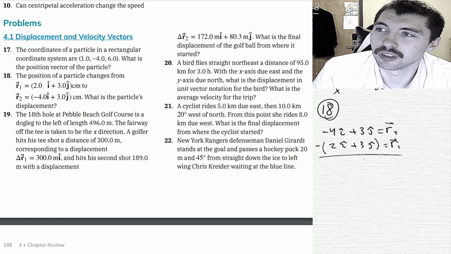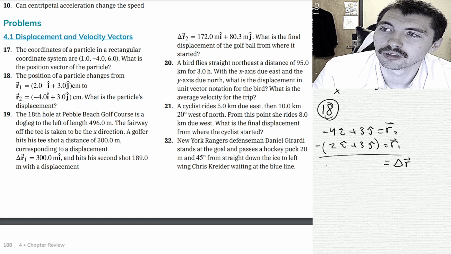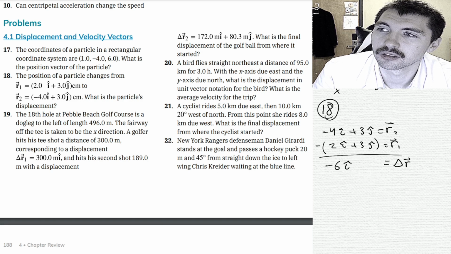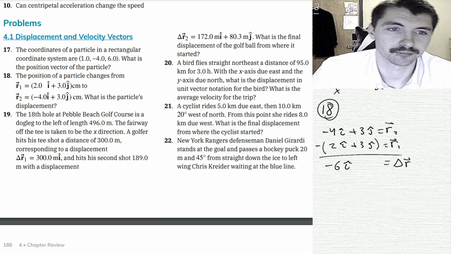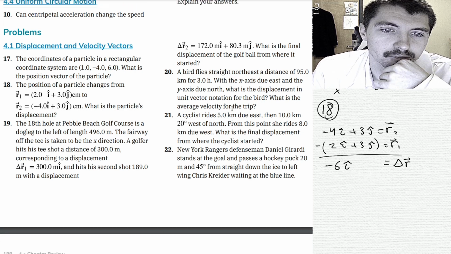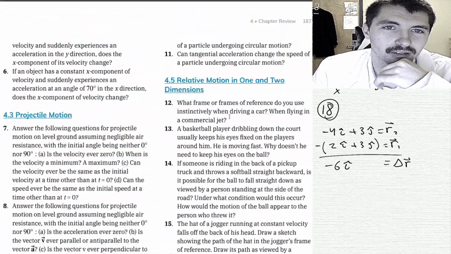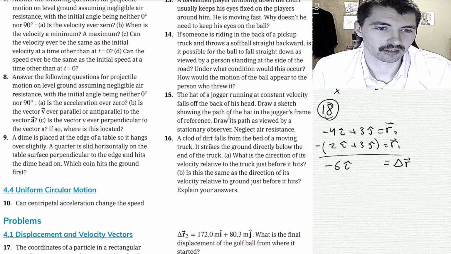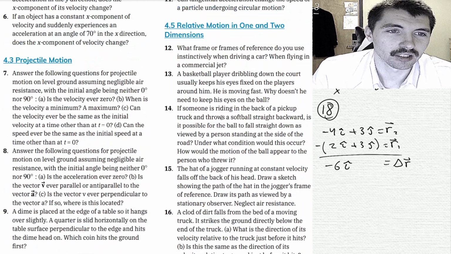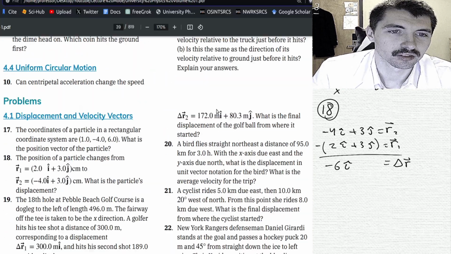Okay, and that's going to be negative 4 minus 2, negative 6i. 3 minus 3, 0. So particle displacement is negative 6i.